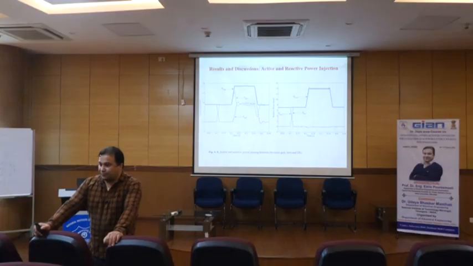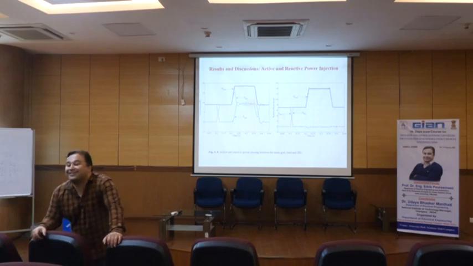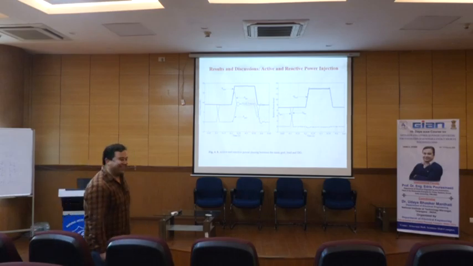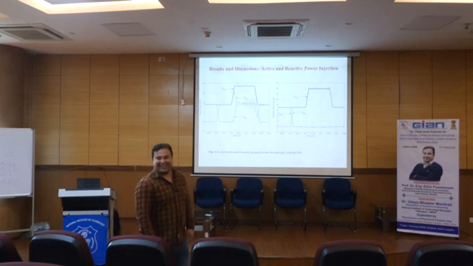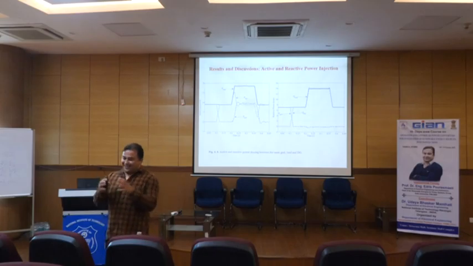Inertia is not enough to support this. Not enough to support. Support what? Okay, so it's not enough to support the fluctuation in the grid. So it cannot damp it.